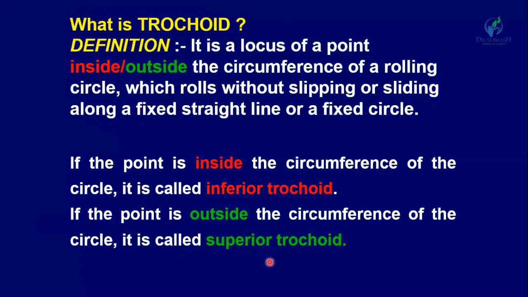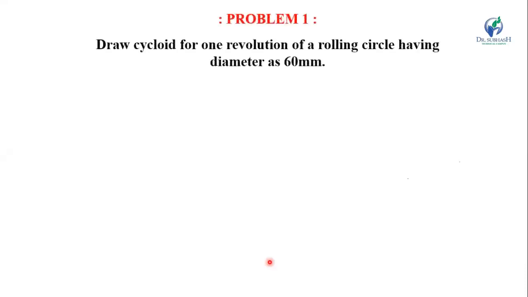Now, I hope you understand very well the different terminology used in cycloidal curves. Now, let us see how to draw a cycloid by one problem. Draw a cycloid for one revolution of a rolling circle having a diameter of 60 mm. So we have to draw the cycloid, that means a circle which is rolling on a straight line.